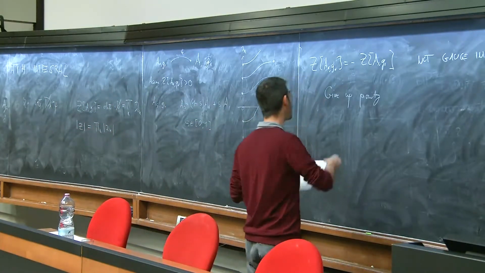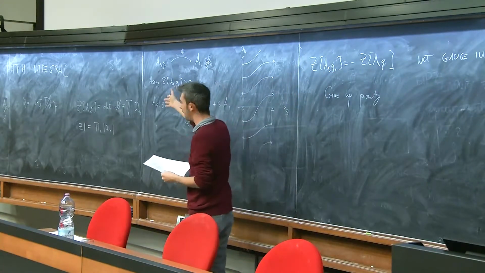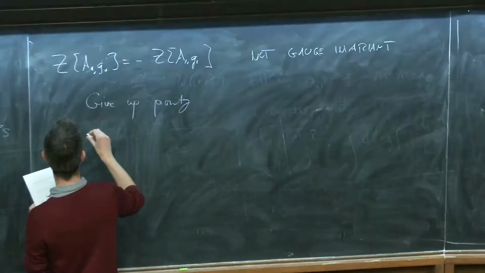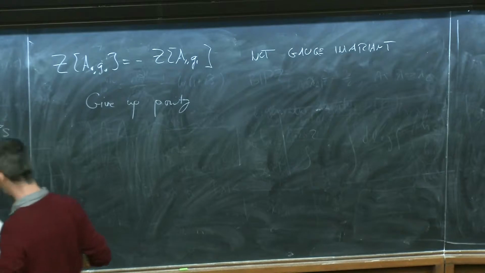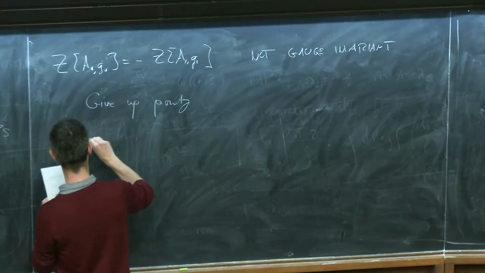And so we can construct a gauge invariant partition function, but only if we make it complex, and so if we introduce a suitable phase. And this phase, what is it? Well, essentially, it's the regularization of this infinite product of signs. And so what we can construct is the following object.